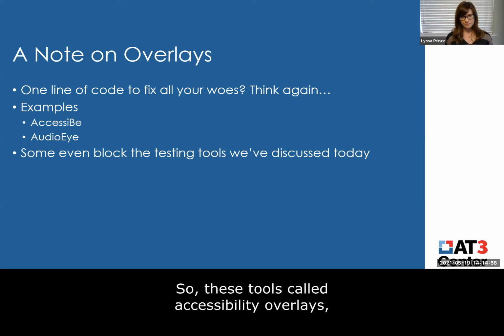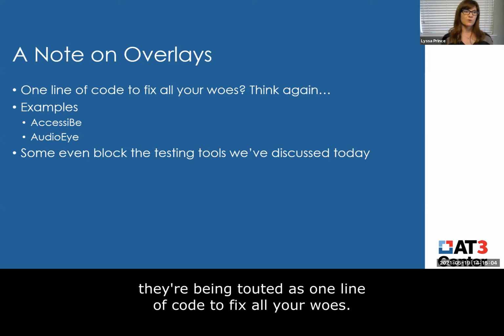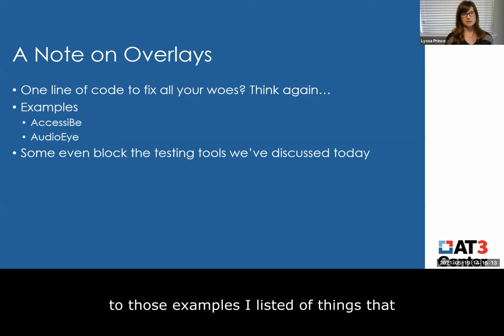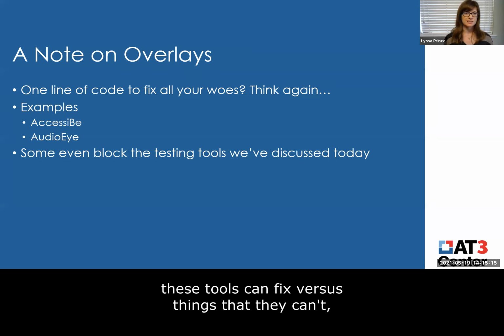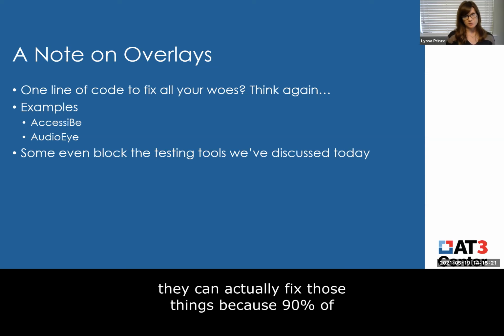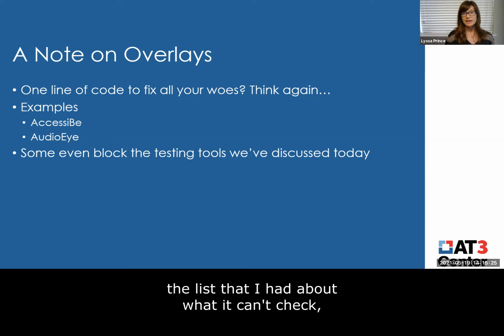Anyway, so these tools called accessibility overlays, they're being kind of touted as one line of code to fix all your woes. And unfortunately, especially if we think back to those examples I listed of things that these tools can fix versus things that they can't, these overlay companies can't actually fix those things, because 90% of the list that I had about what it can't check is because we have to lay human eyes on it.